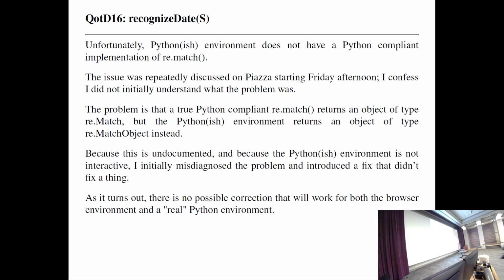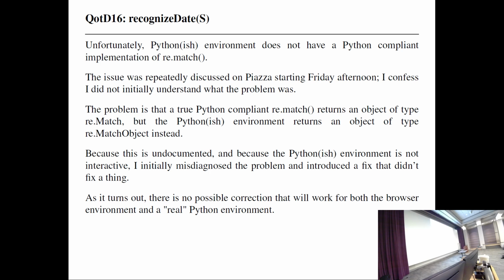As it turns out, if you've been following on Piazza, you'll have seen the thread. It was posted several times, and there was a correction given, and then an explanation for why the correction didn't work. And the real explanation I posted, I think early this morning, when I finally figured out what the problem with the match object was.